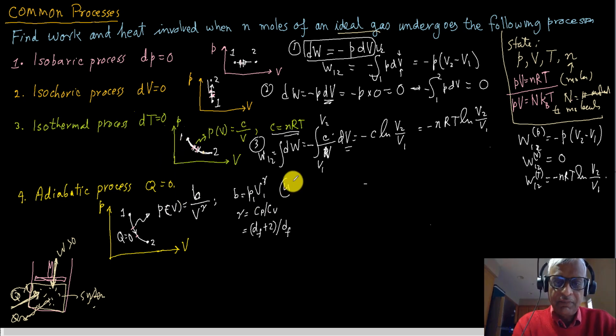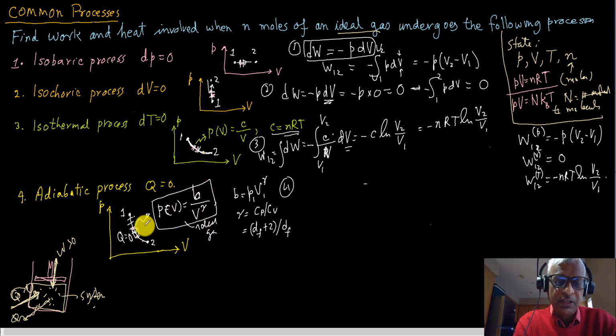Adiabatic is a process where at each step no heat can enter the system. If you look at a tiny step, the curve on which it goes is given by this formula for an ideal gas.